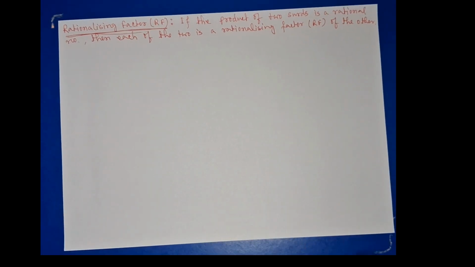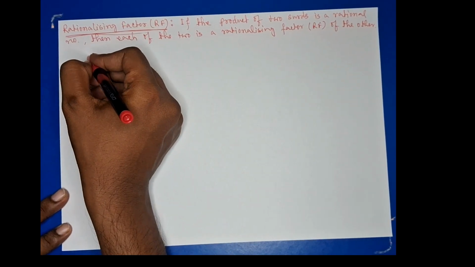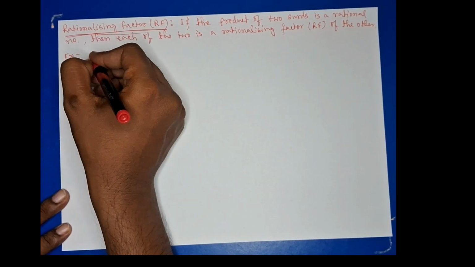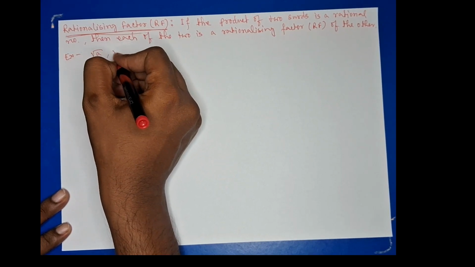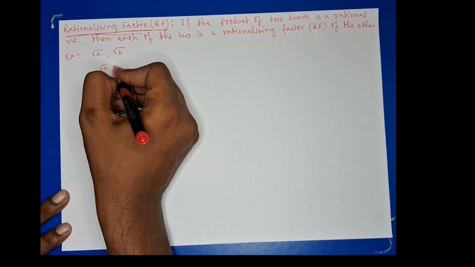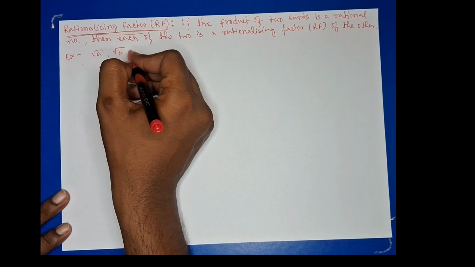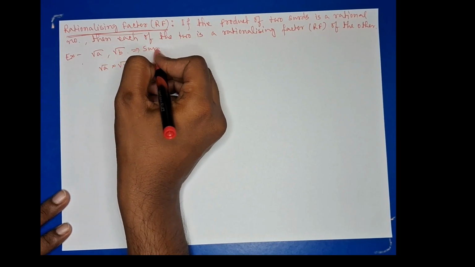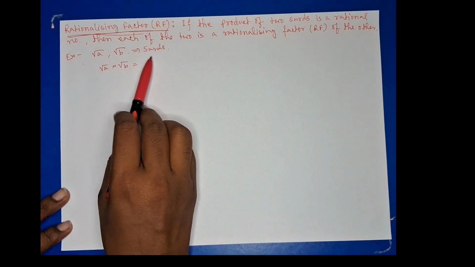Suppose, for example, the square root of a and the square root of b. If we multiply these two, square root of a into square root of b, these two are surds. That means necessarily these are irrational numbers.